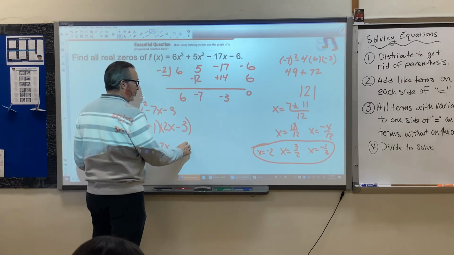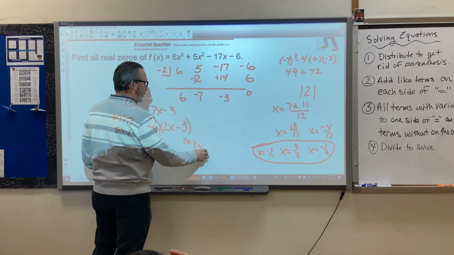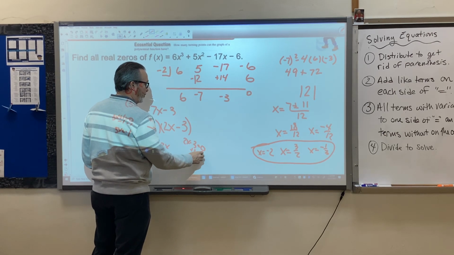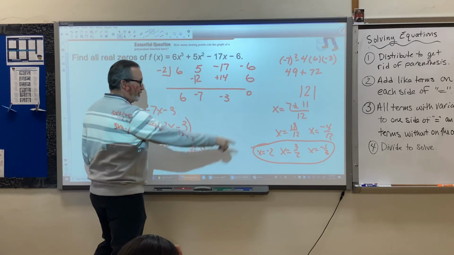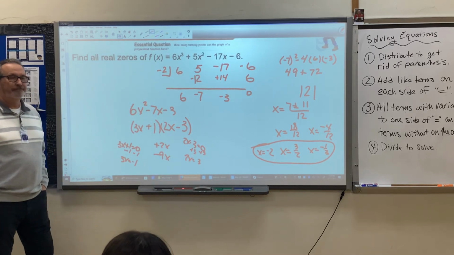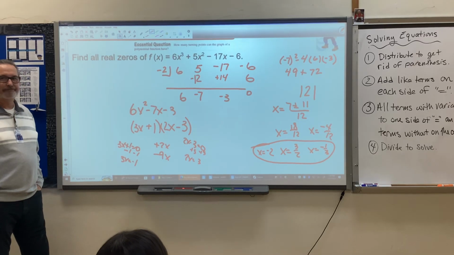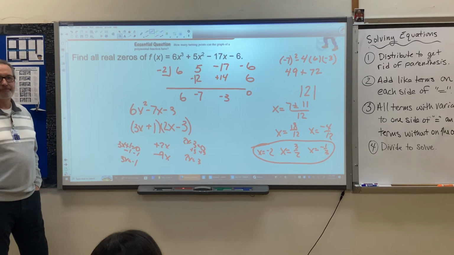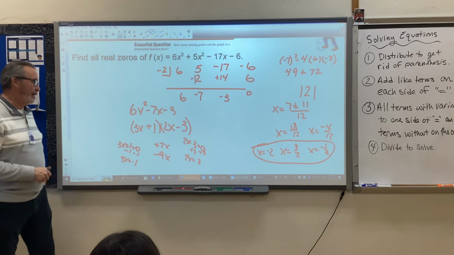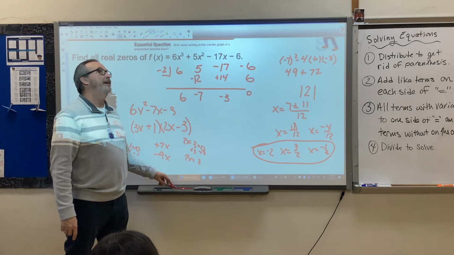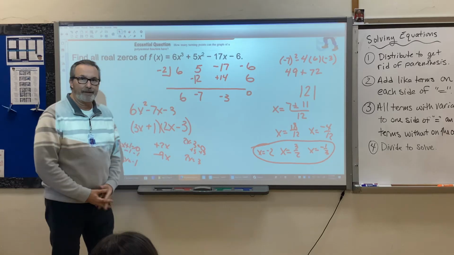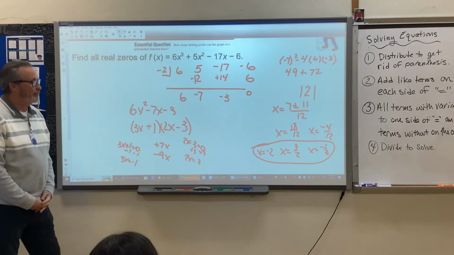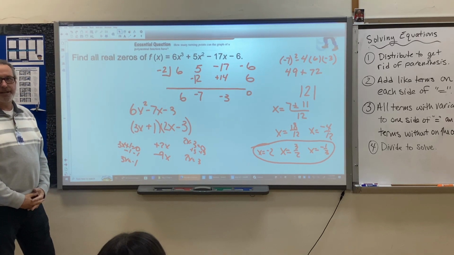If we set 2x minus 3 equal to 0, you add 3 and divide by 2. You get +3 halves. So quadratic formula, or solve by factoring. Those are the 3 zeros. Any questions?